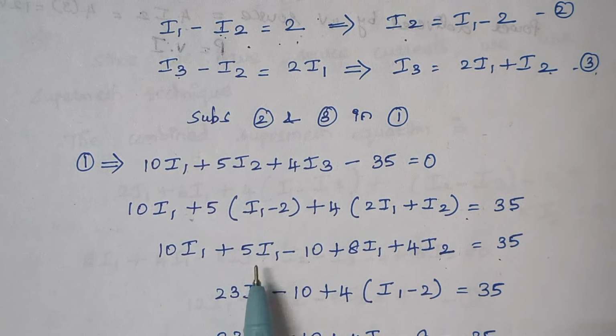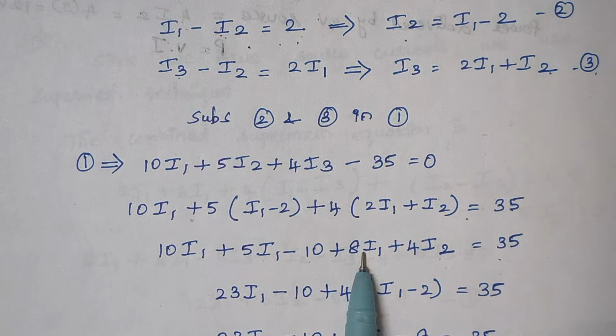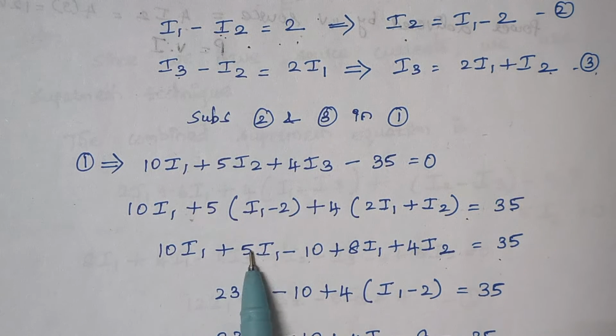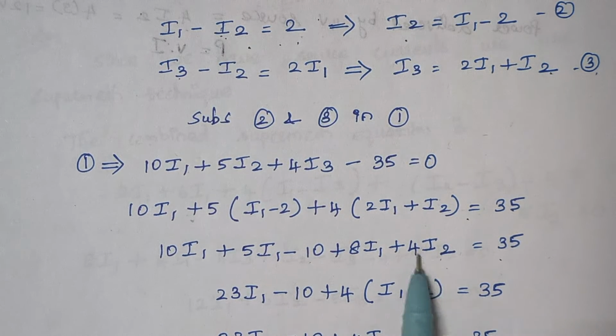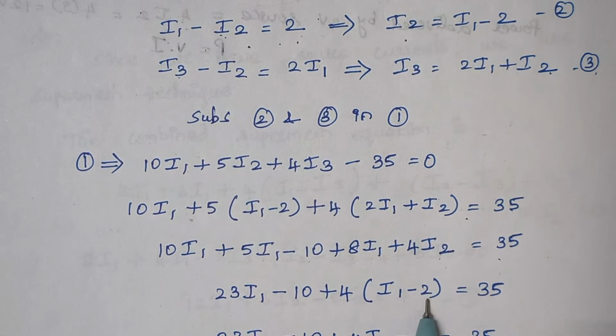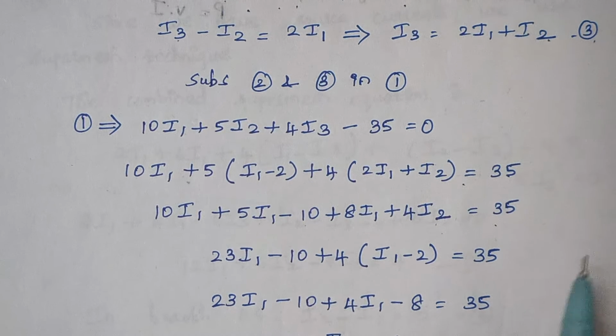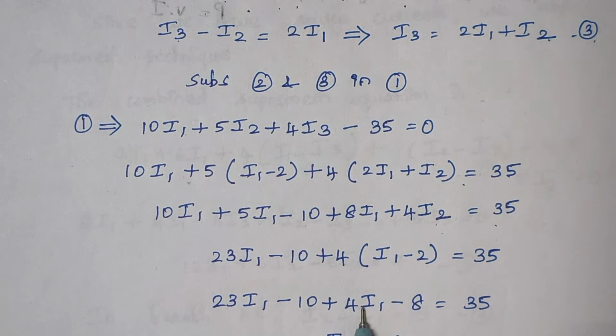10 I1 plus 5 I1 plus 8 I1: 10 plus 5 is 15, and 15 plus 8 is 23, so 23 I1, minus 10, plus 4 into I1 minus 2, which is 4 I1 minus 8.